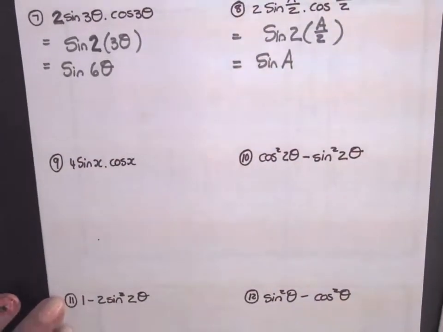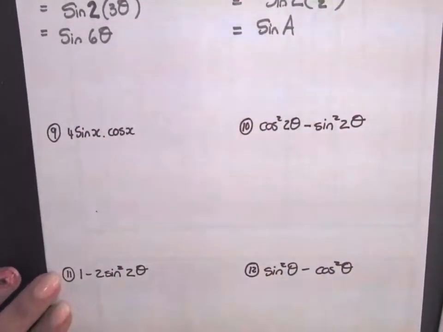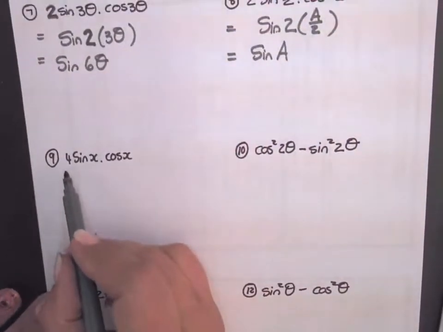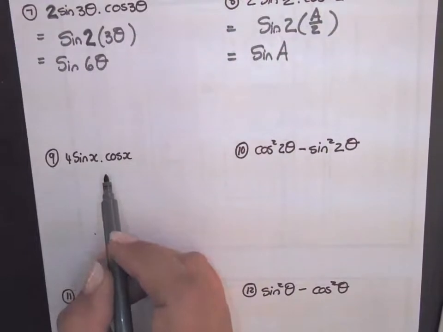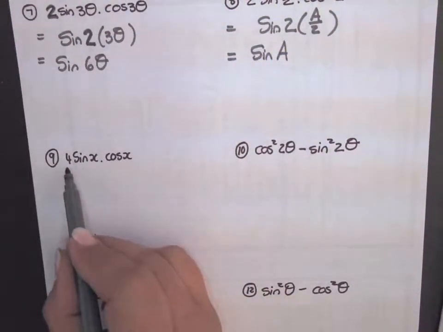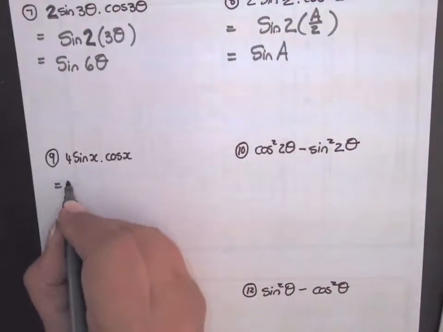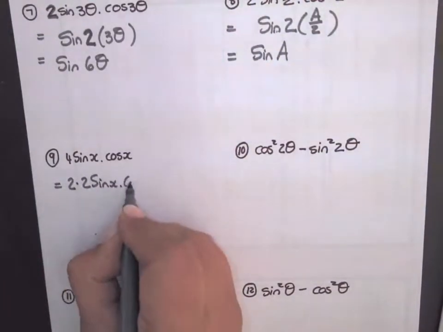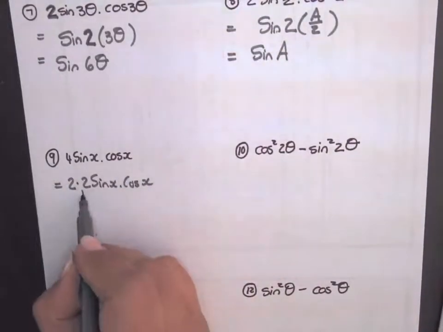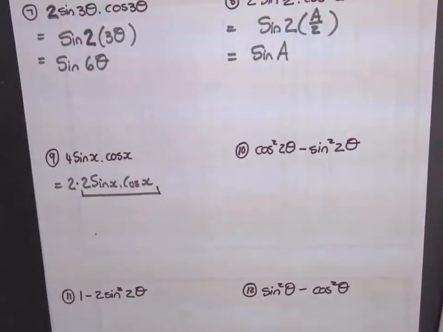Okay, let's look at number 9. Now I give you 4 sin x cos x. I have to have a 2 sin x cos x. So I split the 4 into 2 times 2 sin x cos x, and this will give me the double angle.